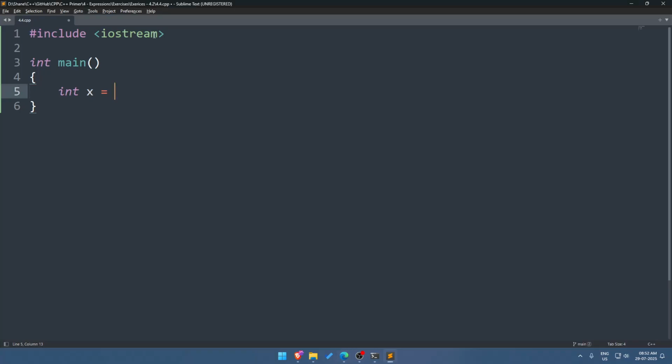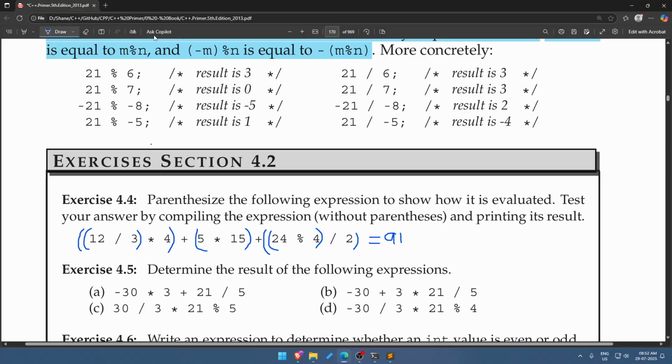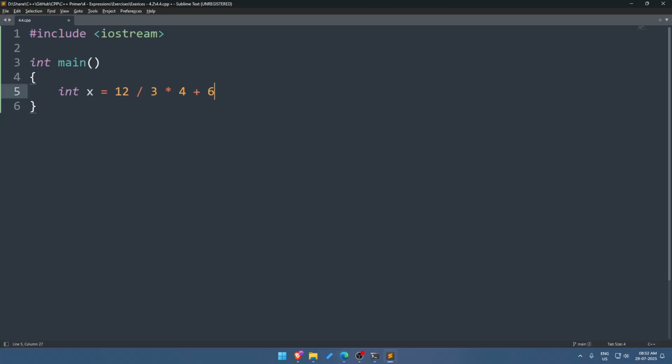Equals 12 divided by 3, 12 divided by 3 times 4, plus 5 times 15, plus 5 times 15.